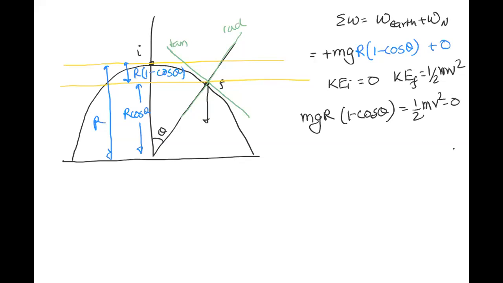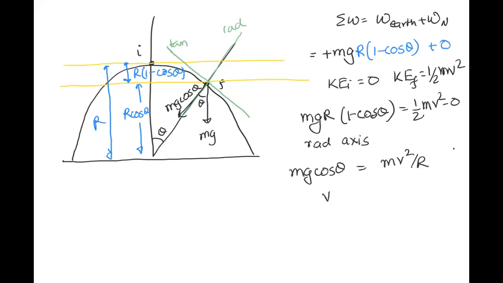Force on the object is only mg, so this must be mg cosine theta. So along the radial axis then, mg cosine theta is equal to mv square by r. V square is equal to rg cos theta.